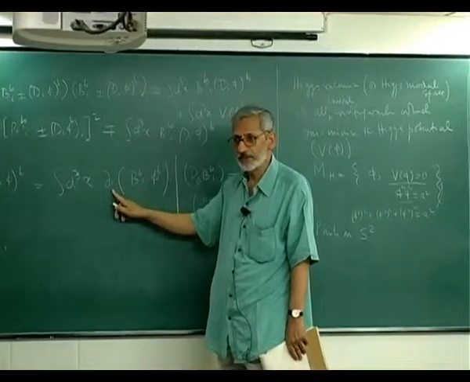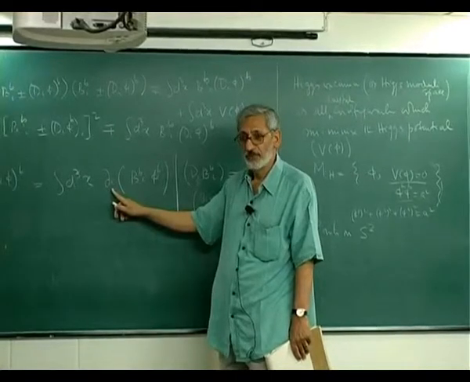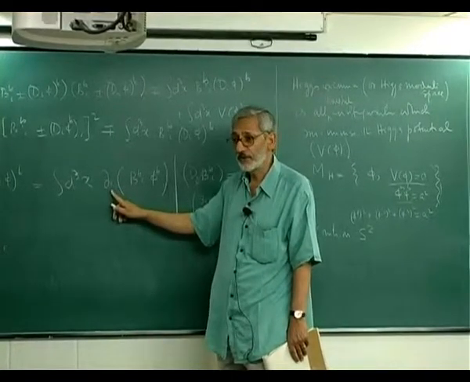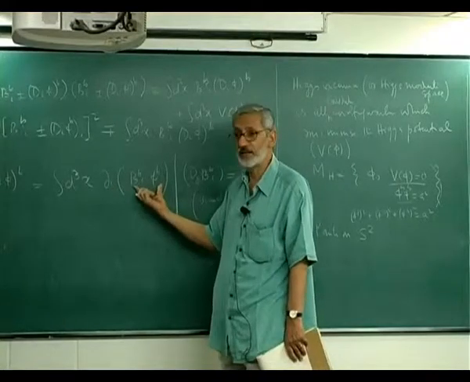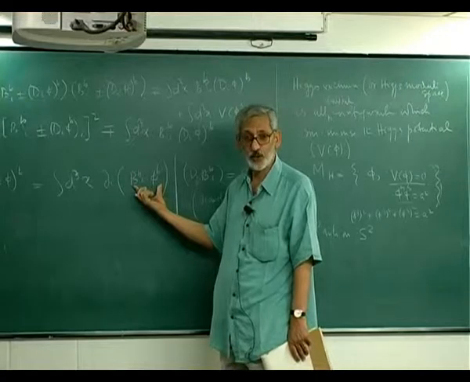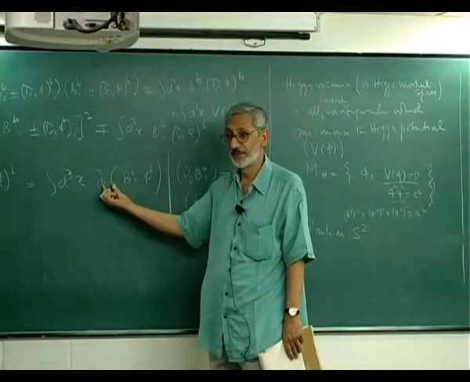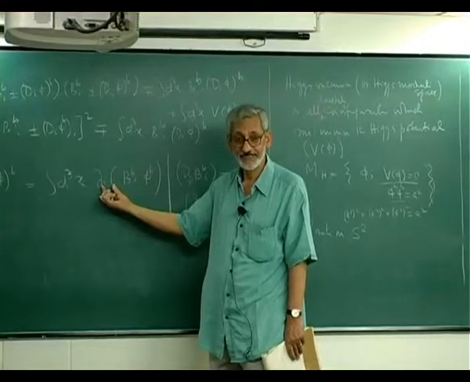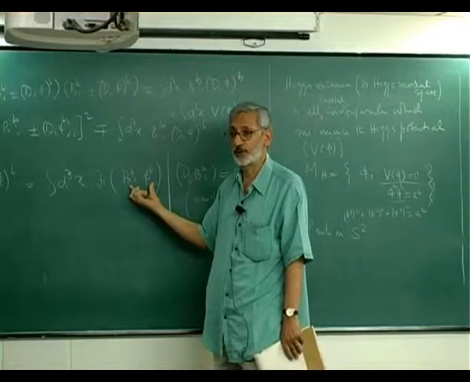I could put a covariant derivative here also, but I put an ordinary derivative. And the reason is very simple. The object here is gauge invariant. A covariant derivative on a gauge invariant object is the same as an ordinary derivative, because this does not transform under SU(2) transformations. It has no SU(2) charge.